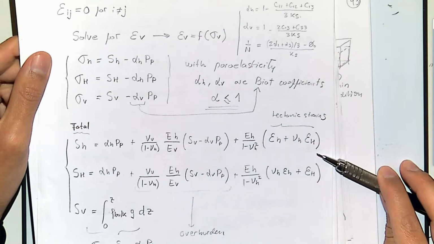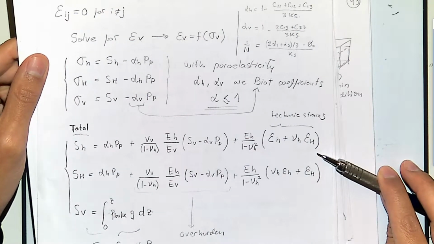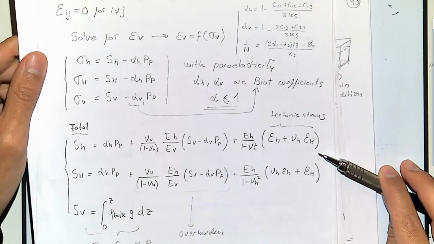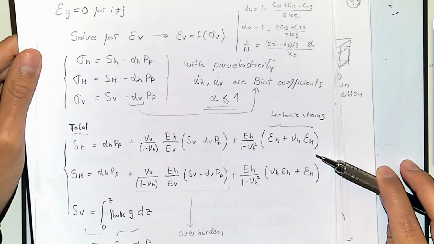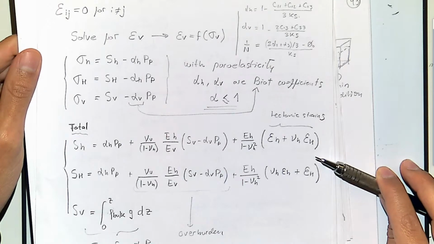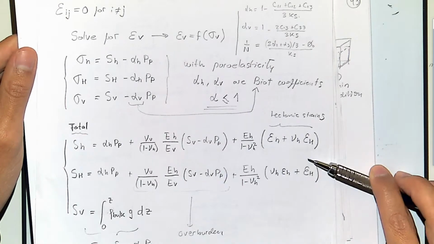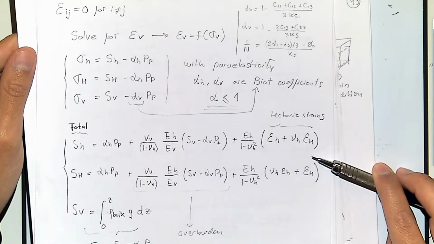A drained problem. This is a drained problem. This is assuming that pressure is in equilibrium with stresses and strains. There is no transient build-up of pressure because of stress or strain.